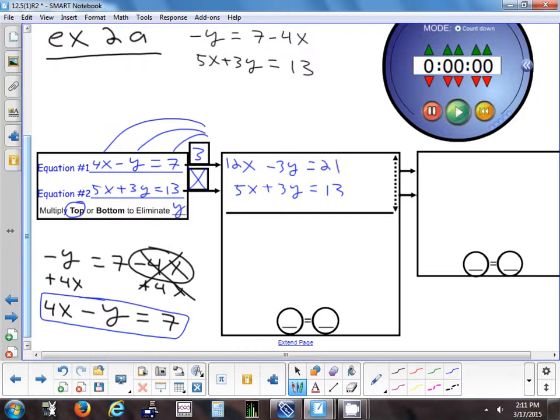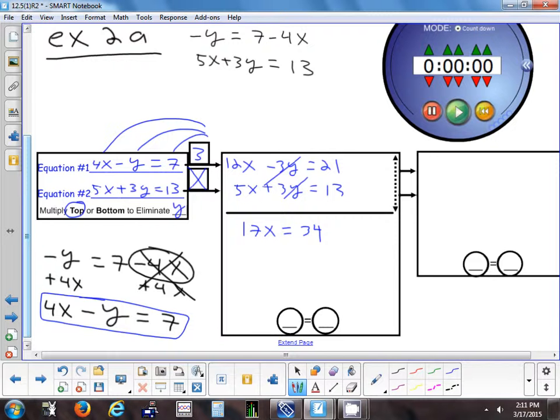When we add these together, Victoria, what disappears? The y's. 12 and 5 gives us... careful, 12 and 5 is how much? Yep, 17. 21 and 13 gives us 34.